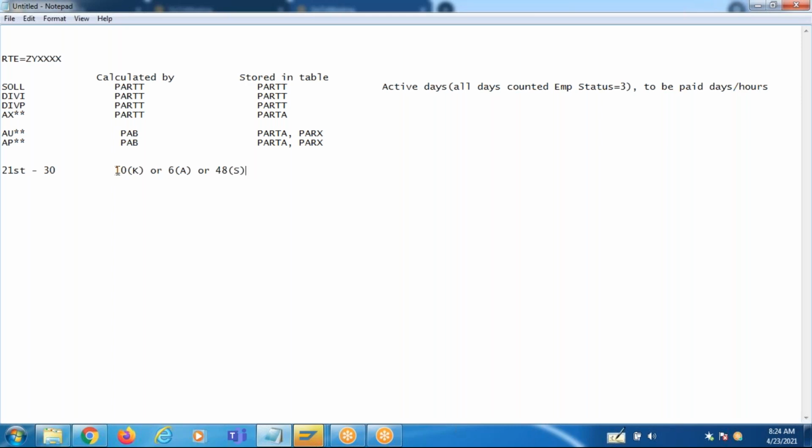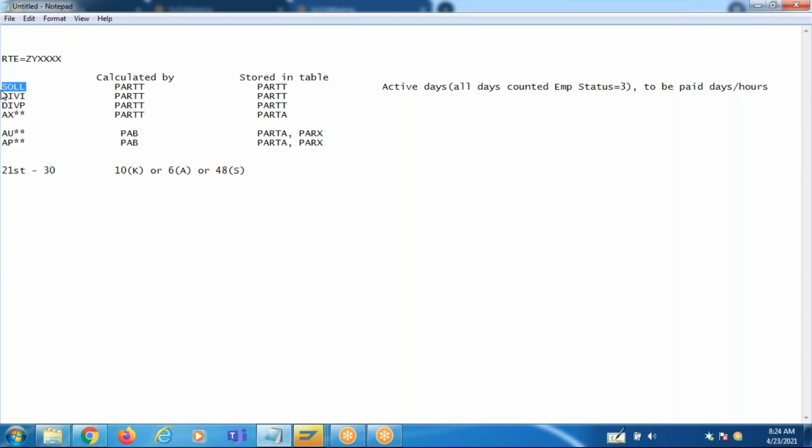The employee might be on unpaid leave or paid leave during these 10 days. When you are calculating SOLL, we will never see whether the day is a holiday or not. If employment status is 3, that means the employee is active, so count the day.